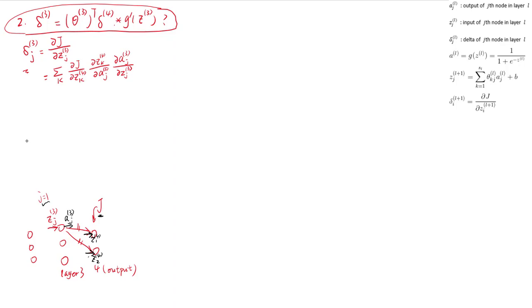That's why we get this equation. The first derivative, partial J over partial z4k, where k equals 1 and 2, describes the influence of these two dark arrows. The second partial derivative describes the relation from a3j to z41 and z42. And lastly, the third derivative is the partial from z3j to a3j.